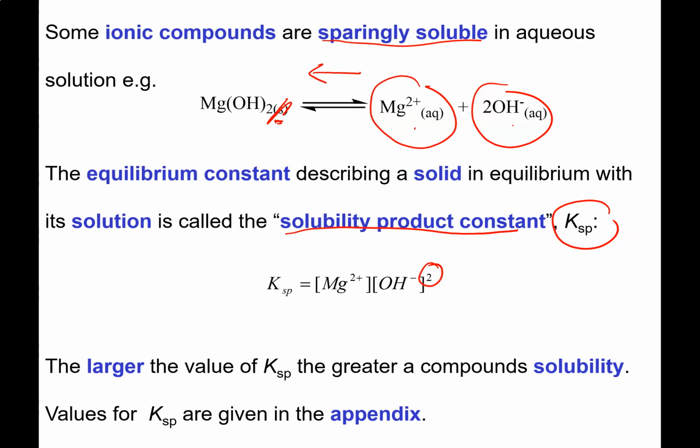The key thing to recognize though is that the bigger the Ksp is for a compound, the greater its solubility. So there are big tables of Ksps. They're given in the appendix of your book, and they're given in ALEX as well. So if you need those, you can always look them up.